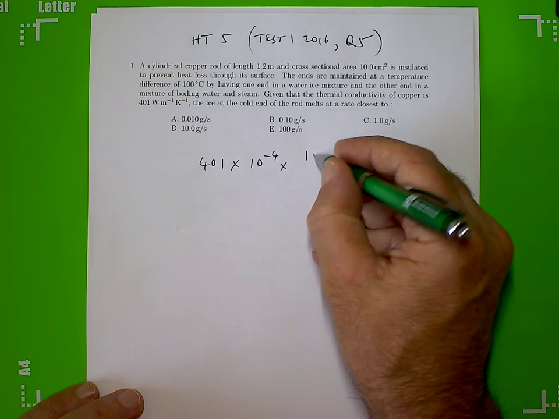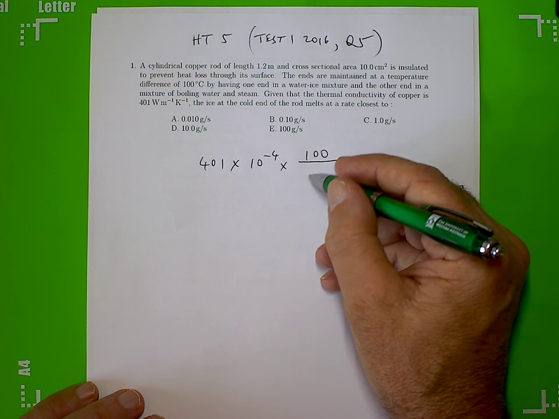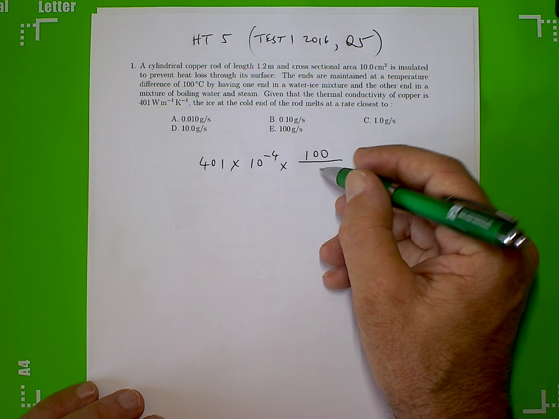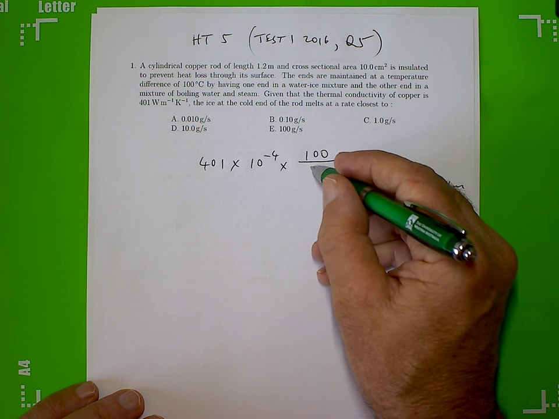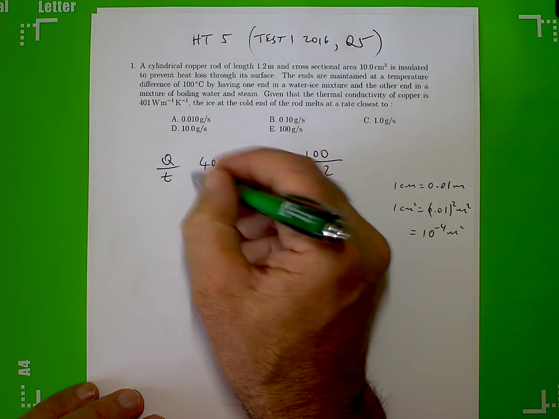So the temperature difference is 100, and because it's 100 take 0, or if you like 373 take 273, doesn't matter, it's 100, and the length is 1.2. So this is the heat per second.